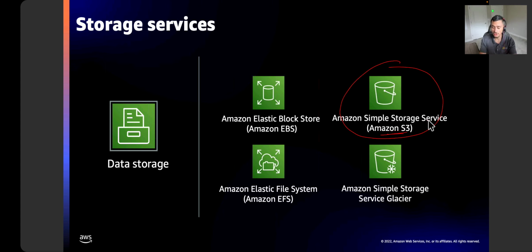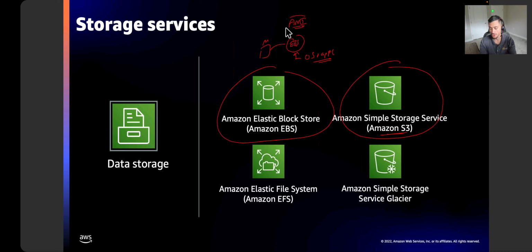And then block level storage is through Amazon Elastic Block Store. Every EC2 instance that we provision has a root device volume, basically where our OS and additional applications are stored. And that would be defined by the AMI that we choose, the Amazon Machine Image, which would define what Elastic Block Store we use.